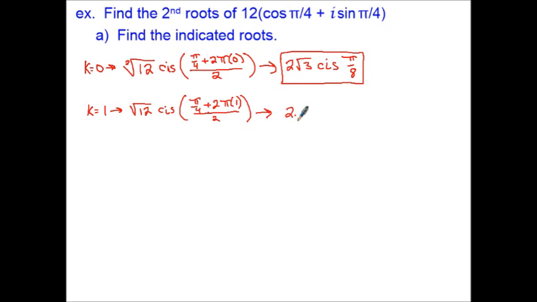I've still got 2 root 3, I've still got cis, and now I'm adding 2 pi once. That's 8 pi over 4, so pi over 4 plus 8 pi over 4 is 9 pi over 4. 9 pi over 4 over 2 is 9 pi over 8. So there's my second root.